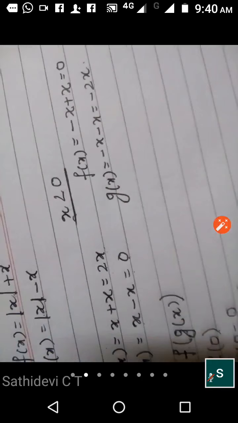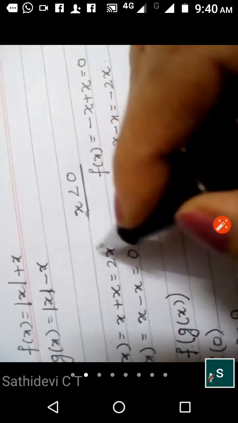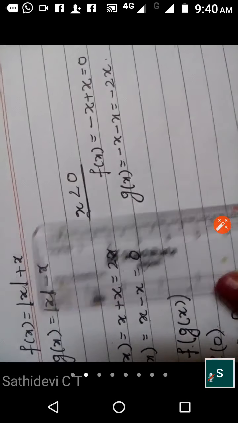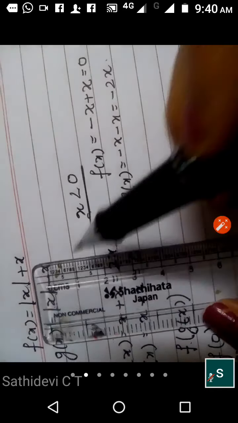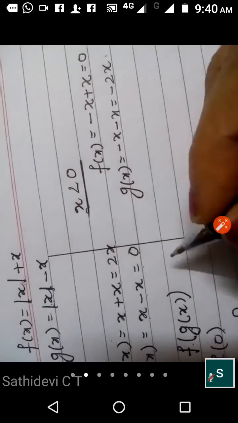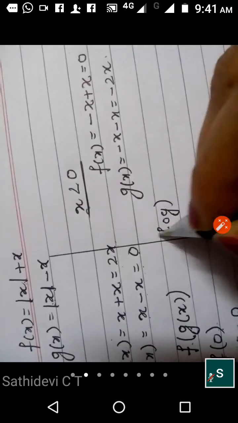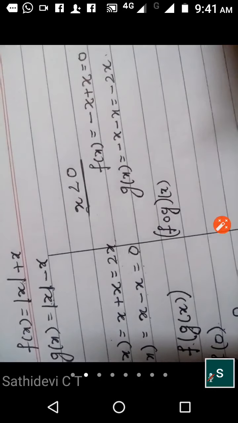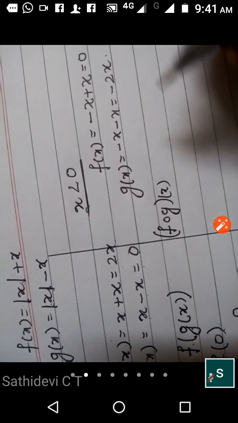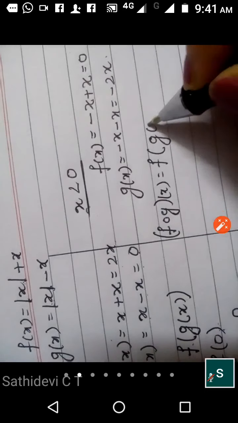Now we will go to the second part. Suppose in this case, you find out f composite g operated on x. That is, f composite g operator on x is f of g of x.